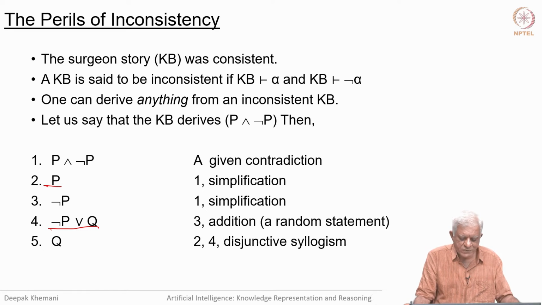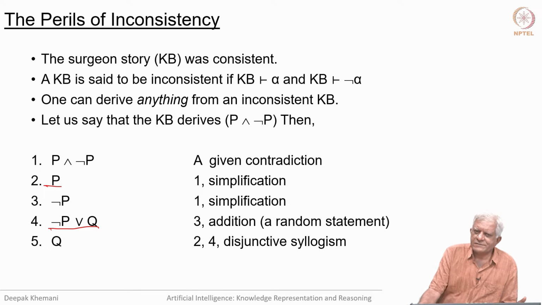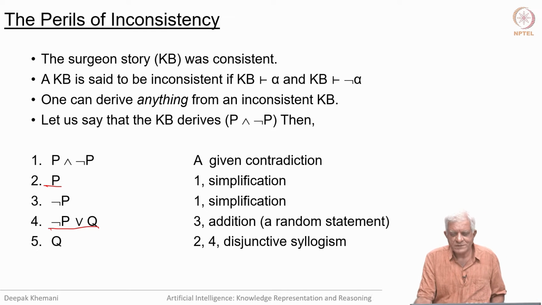You can infer Q using disjunctive syllogism, or you could have converted this into an implication and used modus ponens, but you can prove Q. So, they say that you can derive anything from an inconsistent set of sentences or from an inconsistent knowledge base, and therefore, we must be very careful that our knowledge base is consistent.